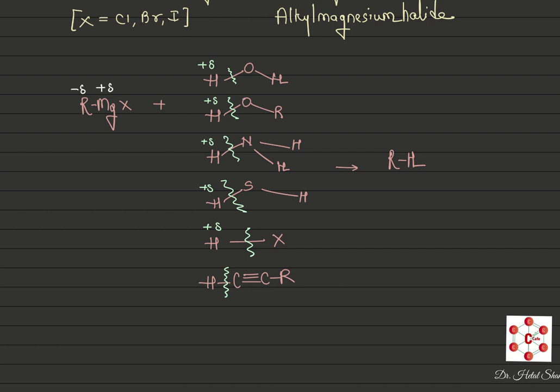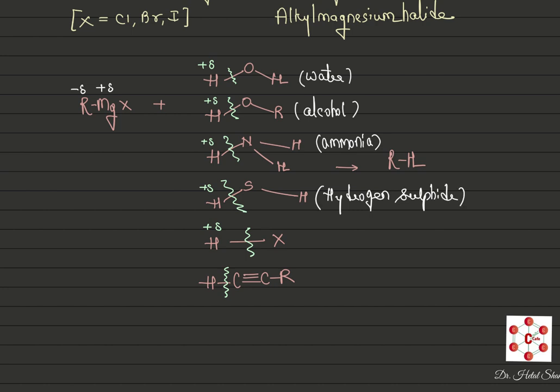What is this? This is water. This is alcohol. This is ammonia. This is hydrogen sulfide. This is hydrogen halide. Or this is a terminal alkyne.